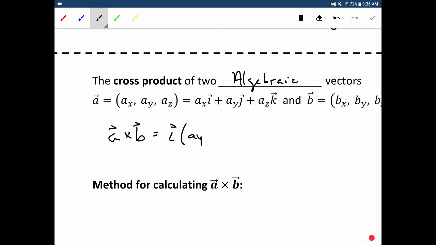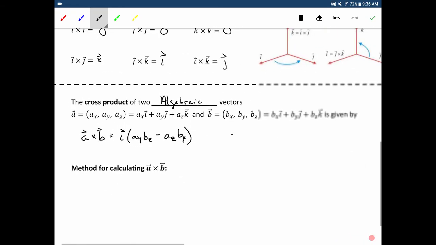So we take the y component of the A, multiply it by the z component of the B, minus the z component of the A, times the y component of the B, and we subtract those, multiply it by the I, so that tells us our x. And you'll notice that the x is the one that's missing when you're finding the x component. Okay, that's just kind of a way to remember it.